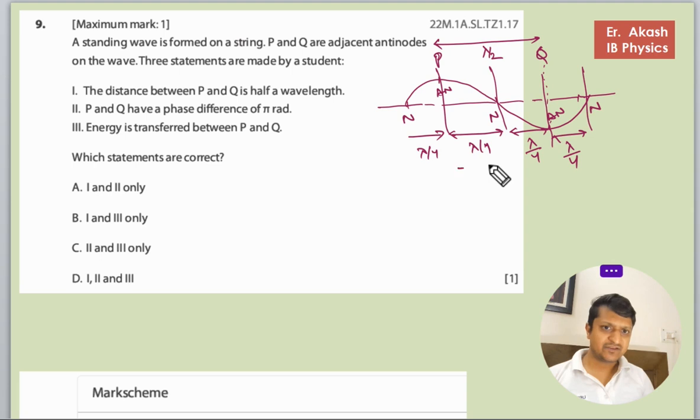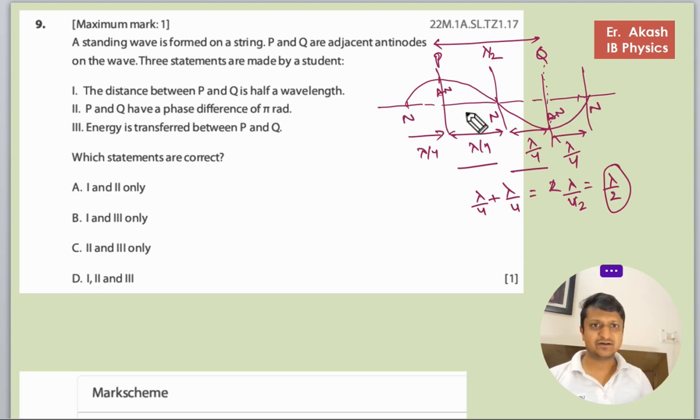So this lambda by 4 plus this lambda by 4 will be the right answer. That is lambda by 4 plus lambda by 4 is 2 lambda by 4, which is lambda by 2. So half. Whatever the wavelength is for this standing wave, half the wavelength will be the distance between P and Q. So this is the right statement.